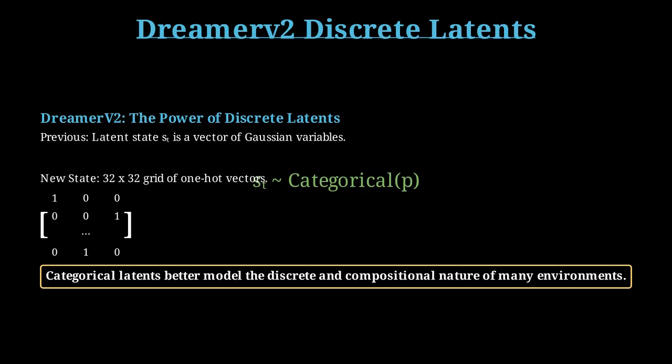This allows the model to represent more complex, multimodal, and even discontinuous dynamics. Because sampling from a categorical distribution is non-differentiable, it uses the straight-through estimator trick to pass gradients during training. This change enabled Dreamer v2 to master the Atari benchmark from pixels, a first for a model-based agent.